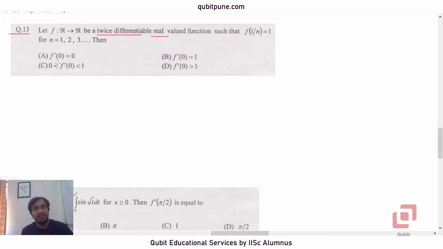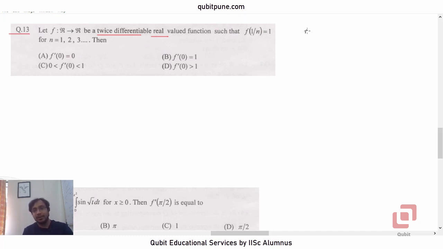Then the derivative of the function at 0 equals 1, lies between 0 and 1, or is positive. To solve this problem, we are going to take a simple function, which will be twice differentiable real valued, and it will also possess this characteristic that f of 1 over n is 1.